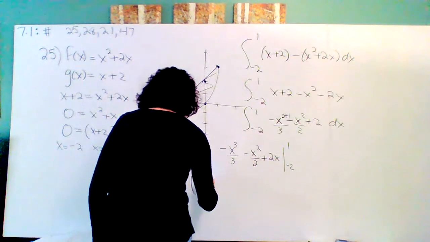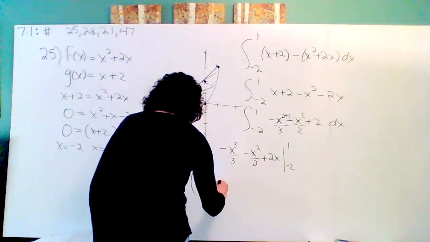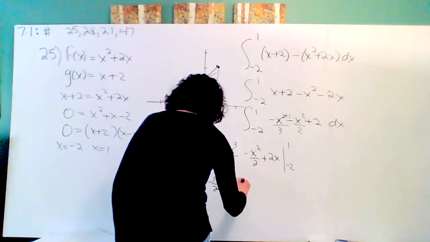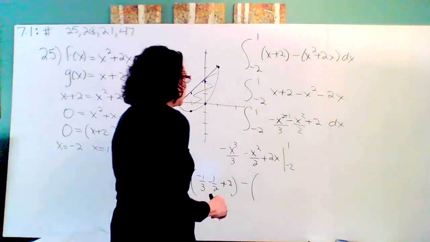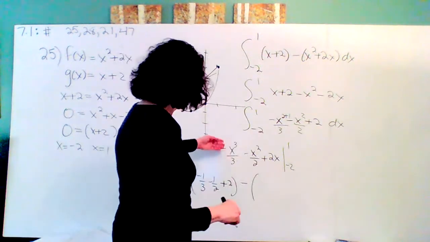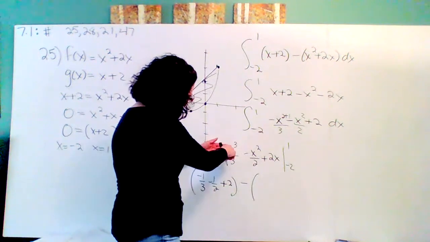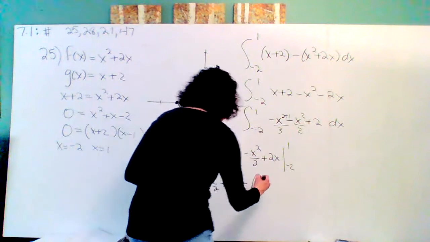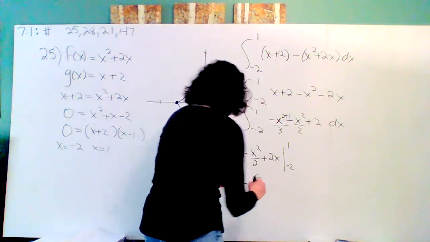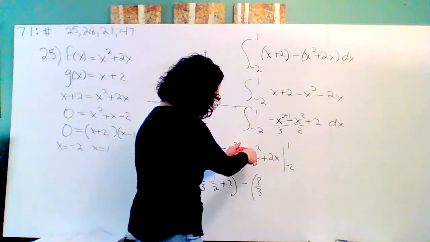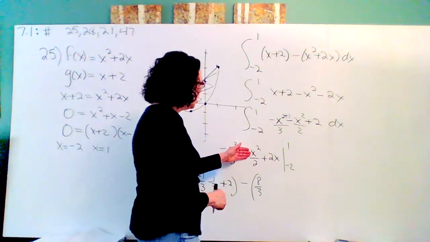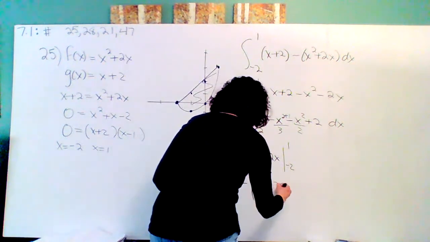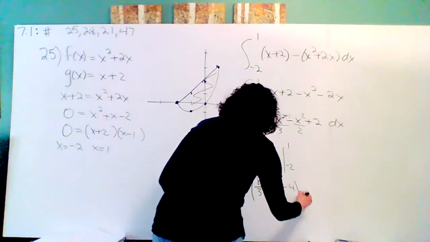That would be a negative 1/3 minus 1/2 plus 2 minus my f of a. Going to be a little careful here when I put a negative 2 in. When I put a negative 2 in, this is a negative 8/3. Right now it's a positive 8/3. When I put a negative 2 in here, this is going to be a 2 minus 2 and minus 4.